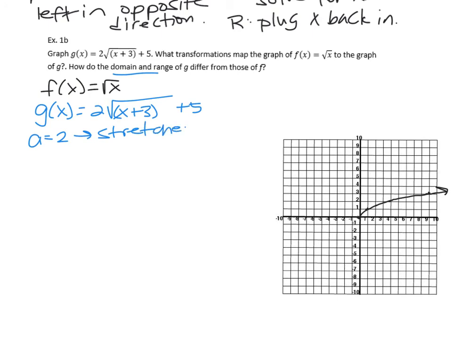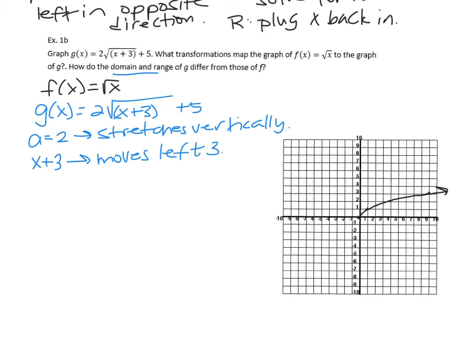So it stretches vertically, which means as we go from left to right, the graph will get taller at a faster rate. The x plus 3 means h equals 3. And instead of moving 3 to the right, it actually is going to move 3 to the left. It always goes in the opposite direction.